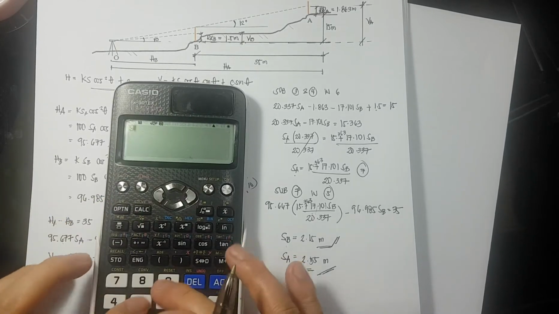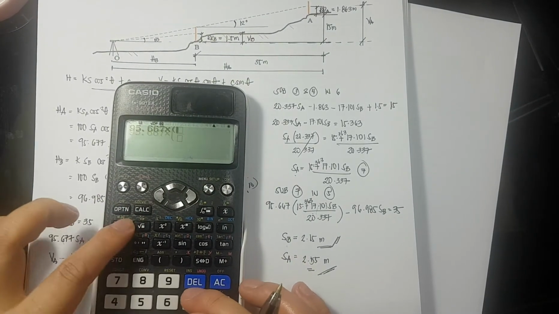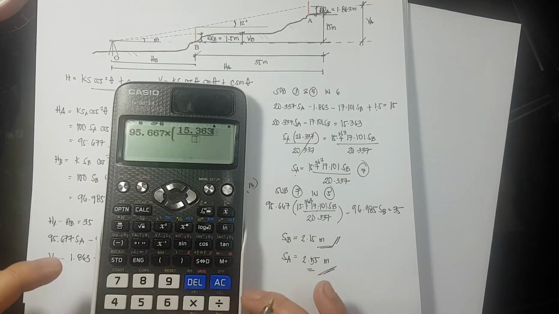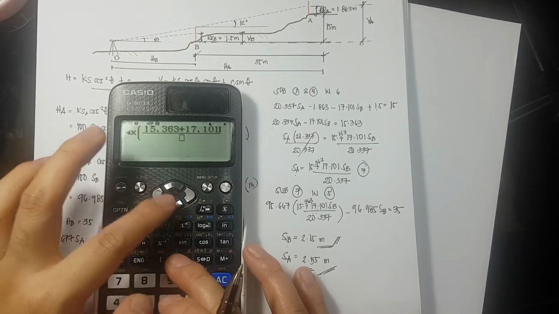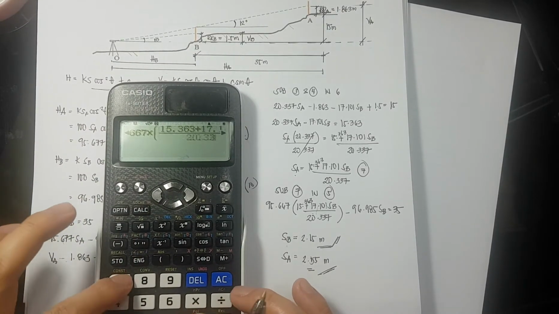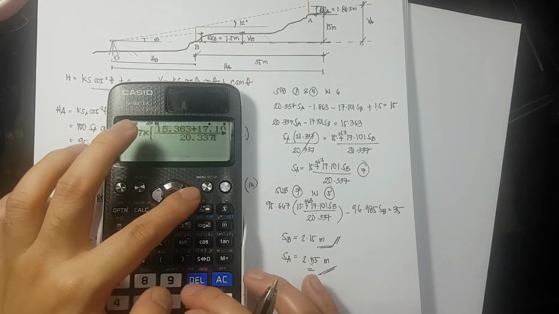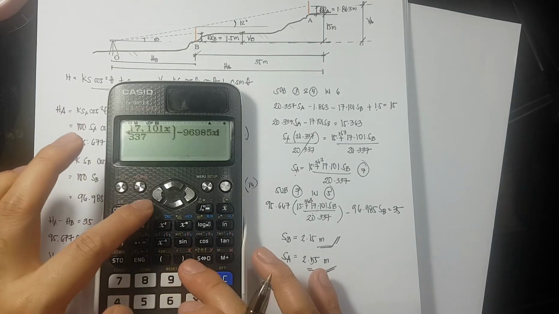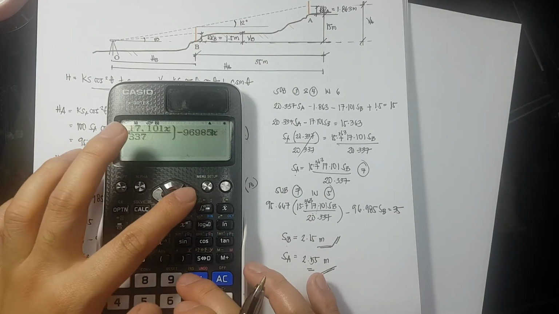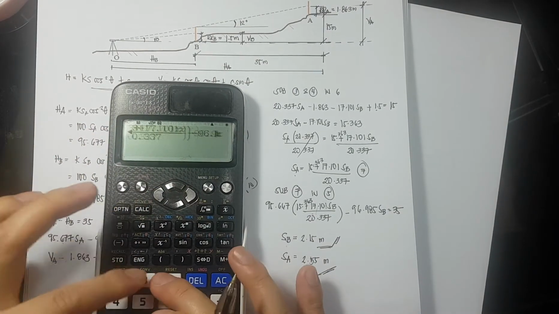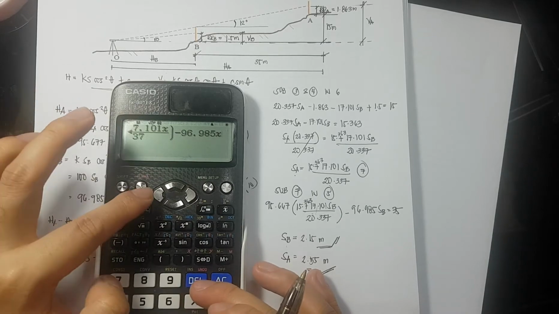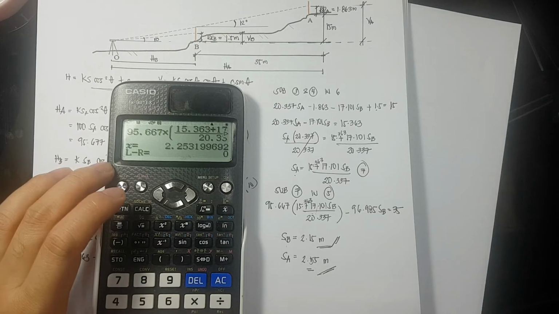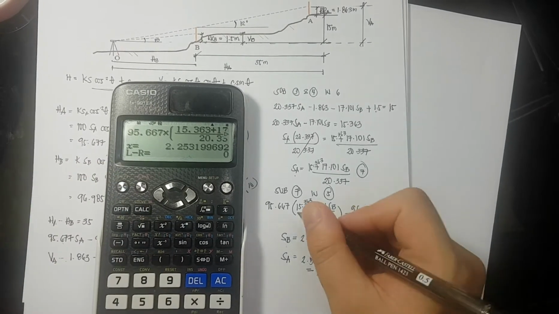So we have here 95.667 times 15.363 plus 17.101 SB over 20.337 minus 96.985 SB is equivalent to 35. And we have here 253 rather.